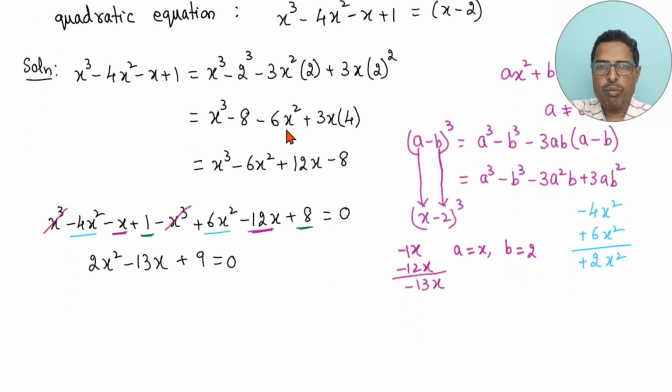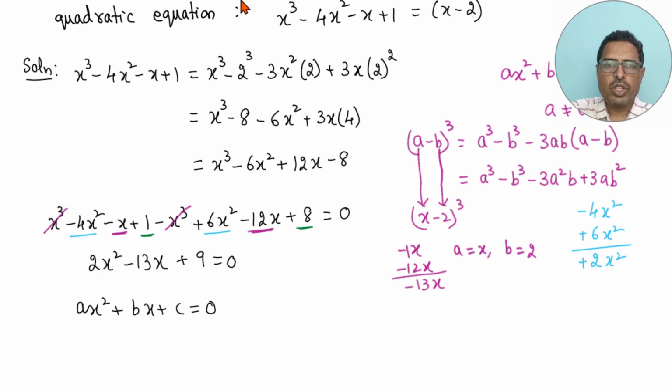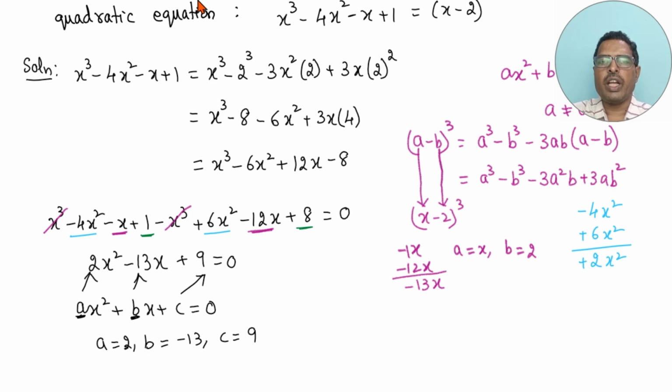Now if you compare this equation with the quadratic equation, that is ax square plus bx plus c is equals to 0, we observe that the value of a is 2, the value of b is minus 13 and the value of c is 9.